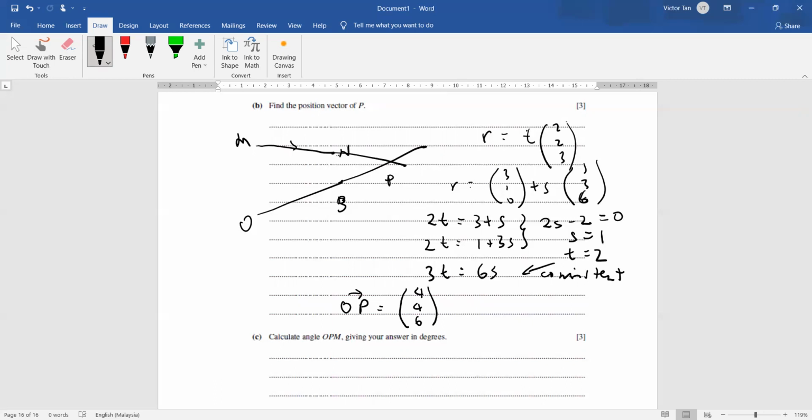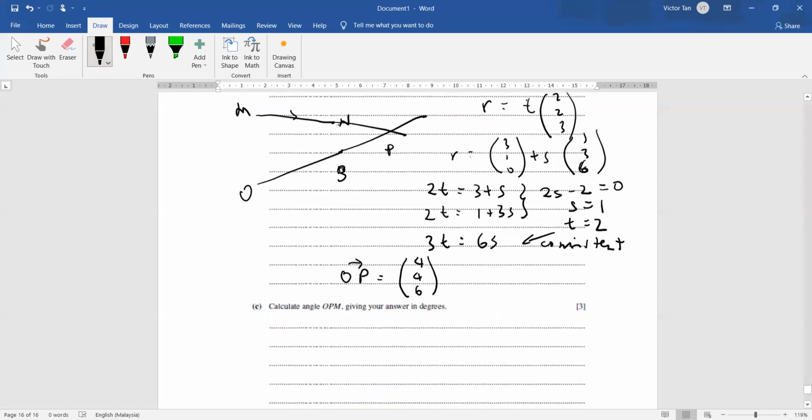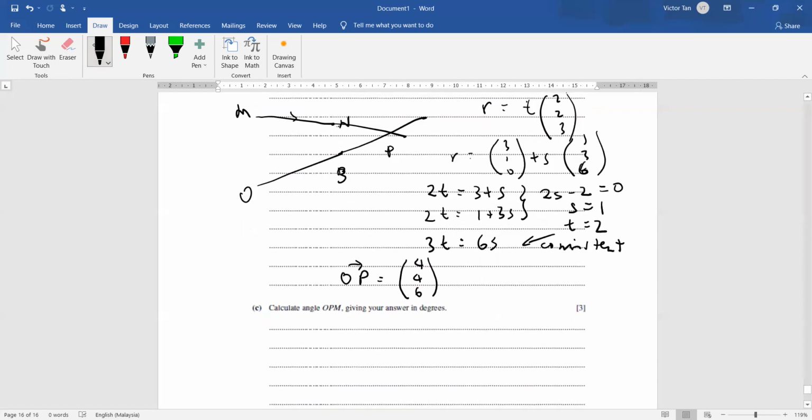Okay. Calculate the angle OPM, giving your answer in degrees. So OPM, okay, OPM will be this angle.